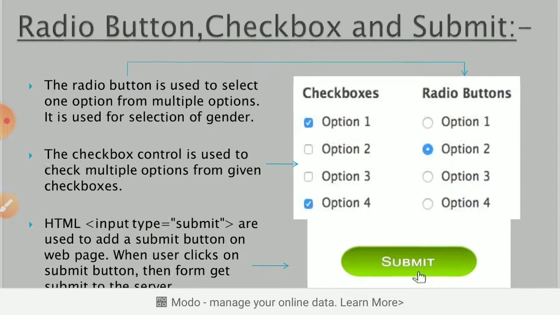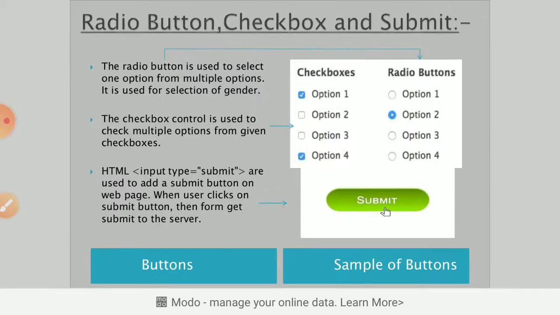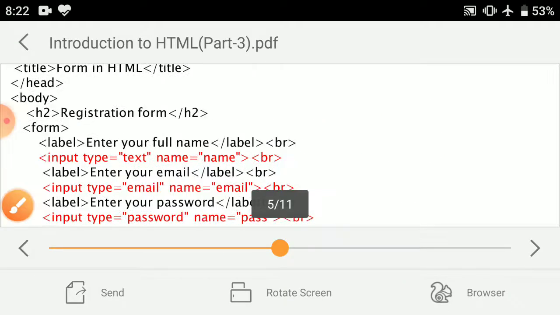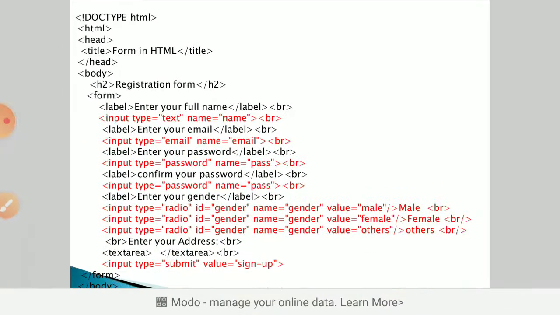And in the last, we have also discussed the submit button. So now look at a simple example. Here you can see it is a registration form of a user.